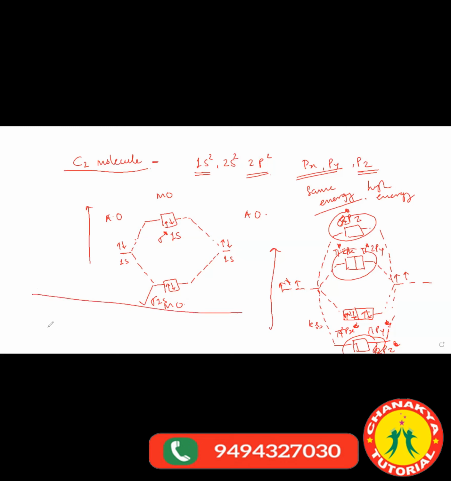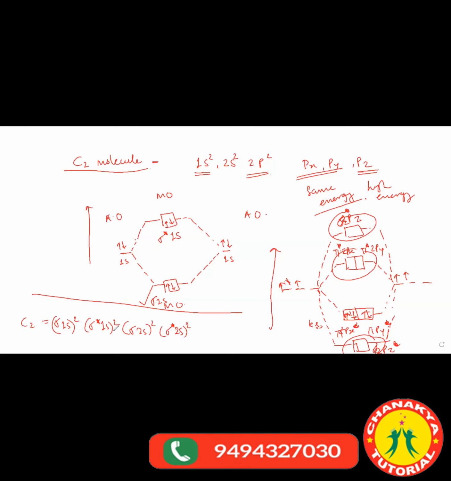Electronic configuration of carbon, C2, is equal to sigma 1s2, then sigma star 1s2, which also contains 2 electrons. Then sigma 2s2, then sigma star 2s2, right? Total 12 electrons to be filled.